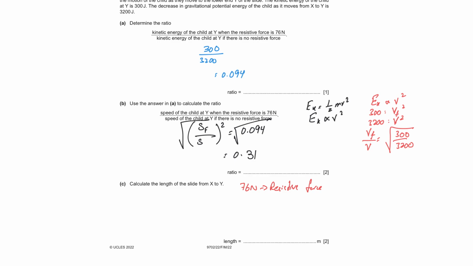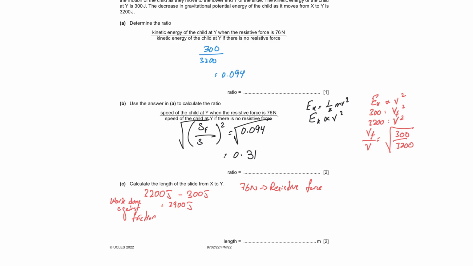Yes, we do. We expected 3200 joules of kinetic energy. We got 300 joules of kinetic energy, which means the difference, which is equal to 2900 joules, is the work done against friction or against the resistive forces.